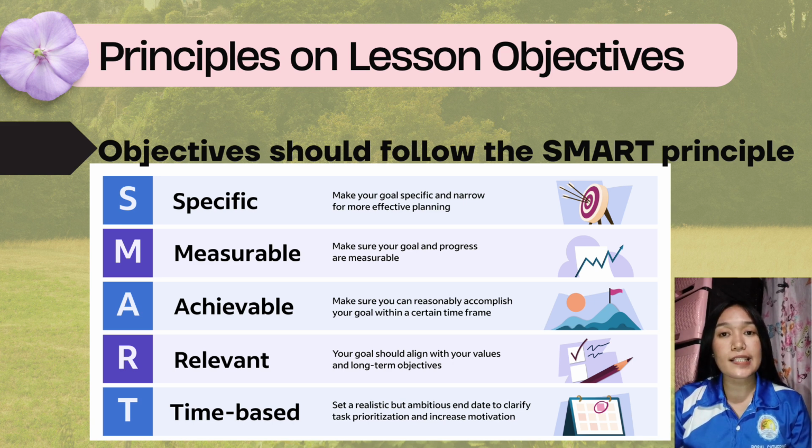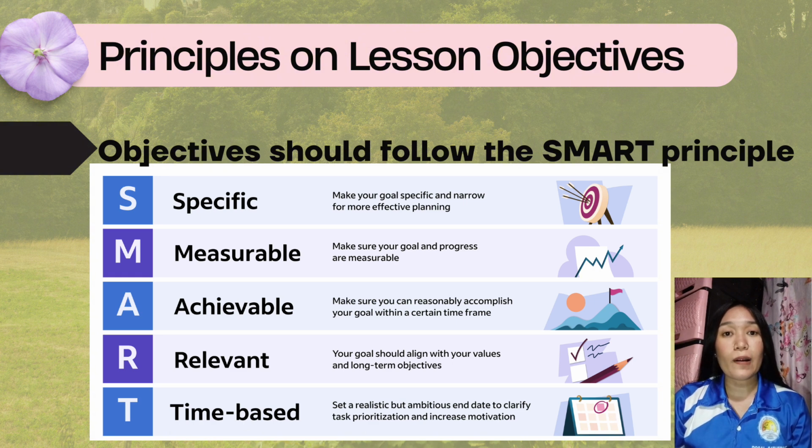And R stands for relevant. The objective should be connected to the lesson, curriculum, competences, and learners' needs. It should contribute to the overall purpose of the lesson. And lastly, T stands for time bound. The objective should indicate when the expected learning should be achieved, such as by the end of the lesson or within 30 minutes.